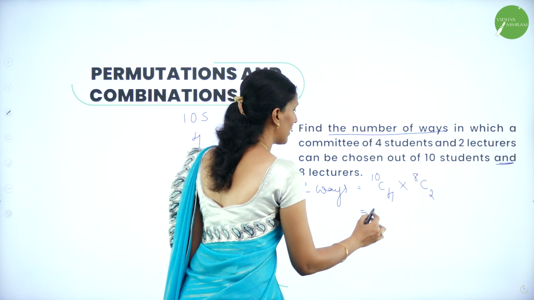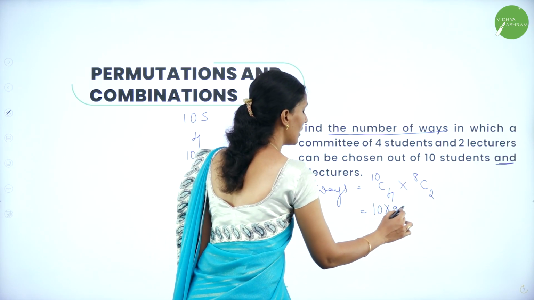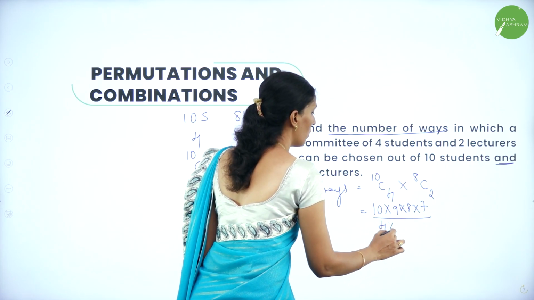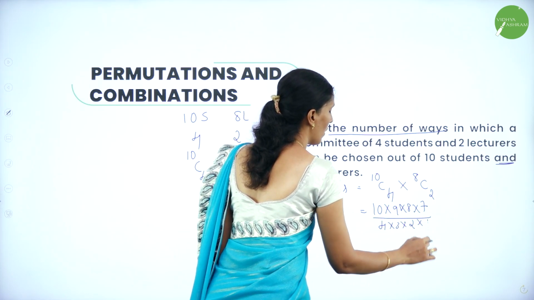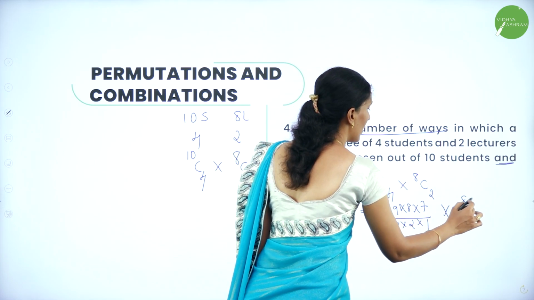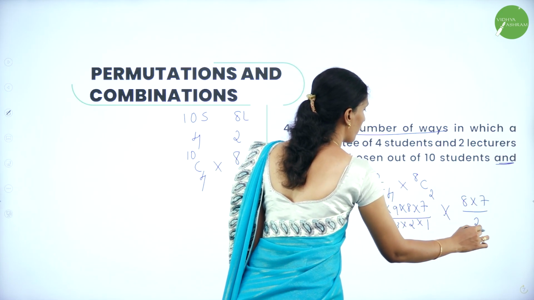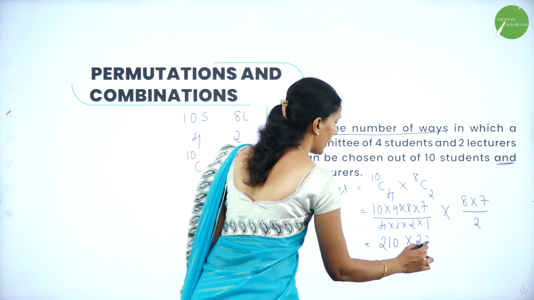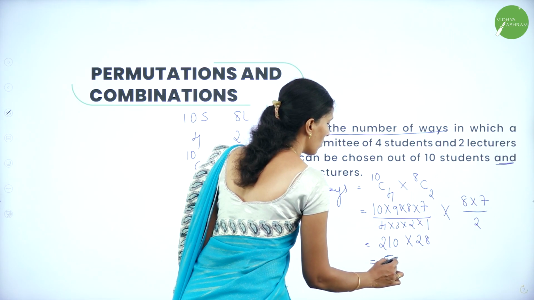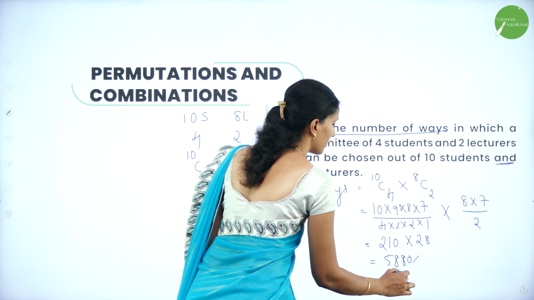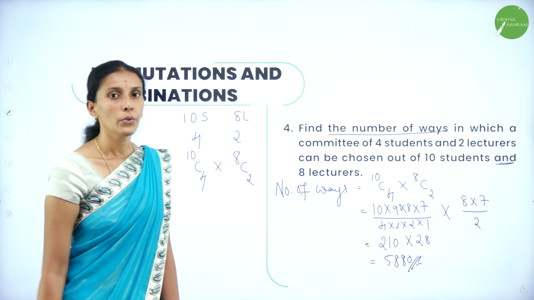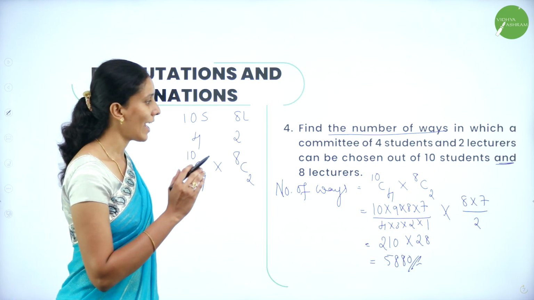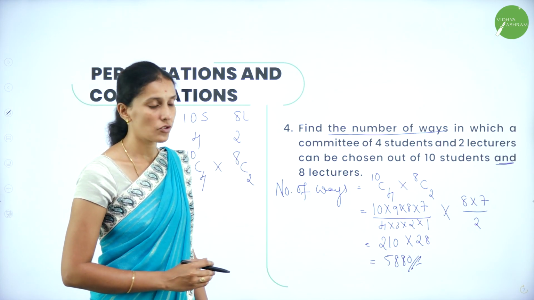So 4 factors, 10 into 9 into 8 into 7 divided by 4, 3, 2, 1, into 8 into 7 by 2. This is equal to 210 into 28, that is 5880.